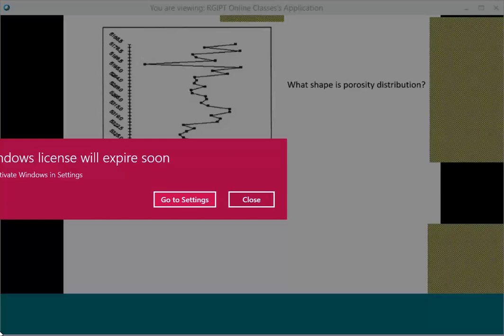Now let us say that you have this porosity curve for your sand, and if you are asked what kind of porosity distribution that is, how will you do that? Amit?